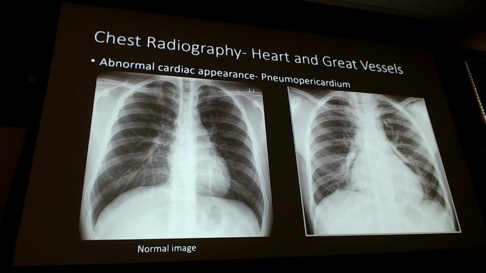I don't have air lining the spine kind of in this area here, which is where my great vessels would sit at. Right? If there was a little line of black air kind of lining the spine area, I don't have that. So I would go pneumopericardium on this one. Nice, yeah, tracing that black line around the heart.